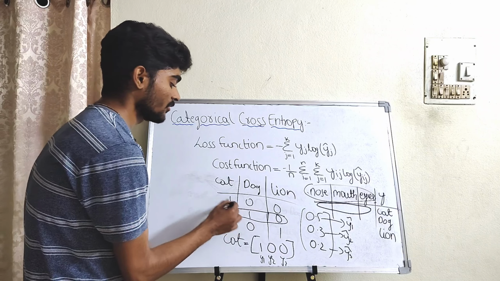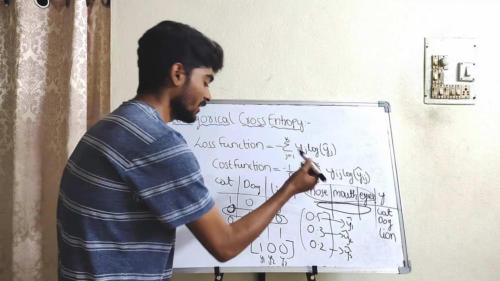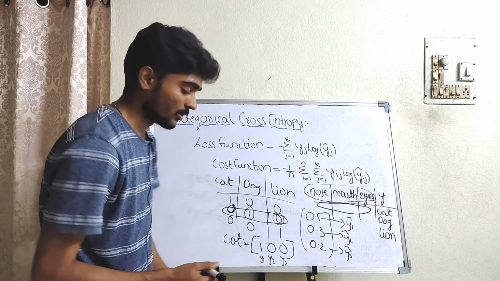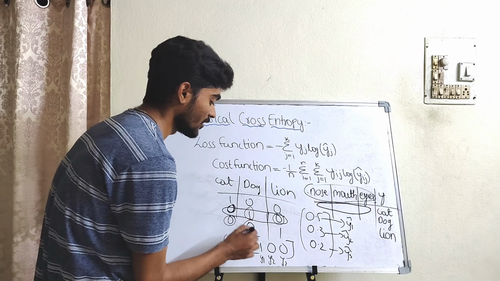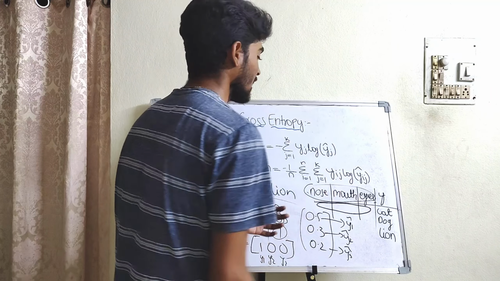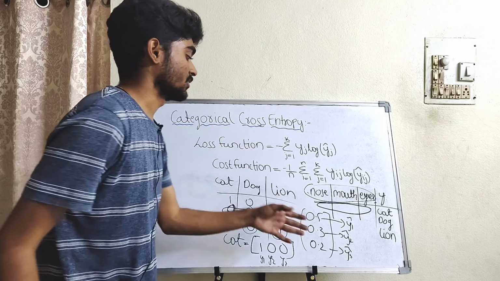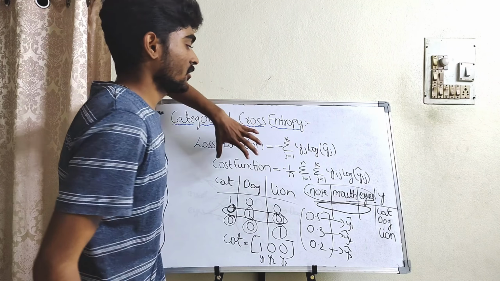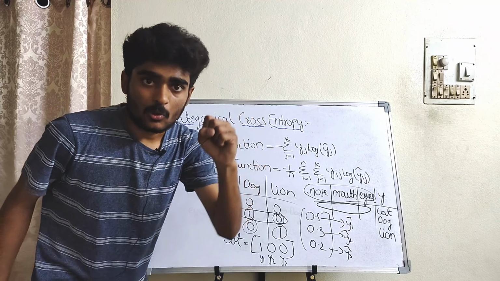Similarly, this represents y31, y32 and y33. When you have the corresponding predictions, you can put them here and calculate the entire cost function of these three training samples. This is the loss function and this is the cost function of categorical cross entropy.